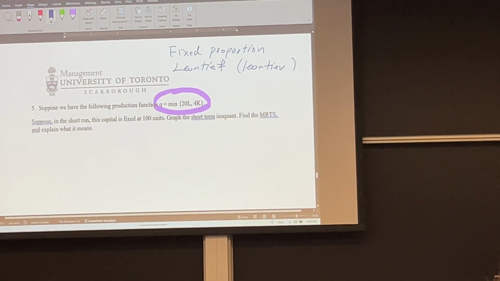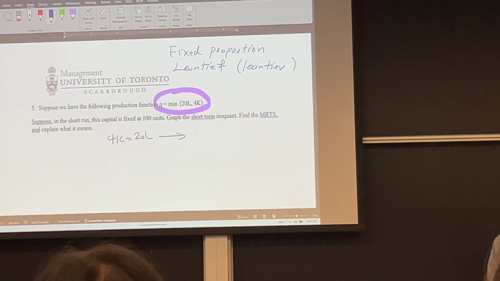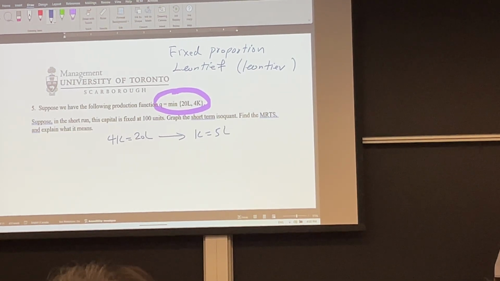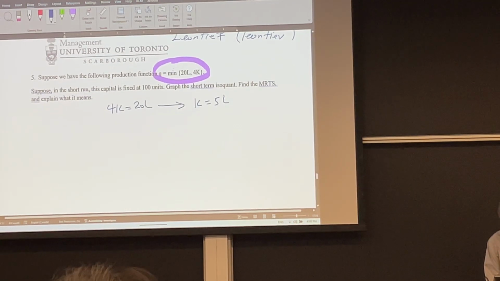That basically means this is the only efficient production possible. That means you have to stay on this line. If you aren't on it, production will be inefficient. That's the meaning of it. If you depart from that line, you get nothing.